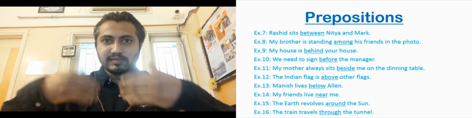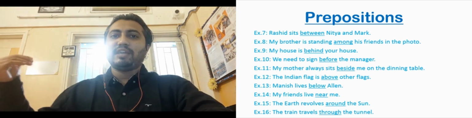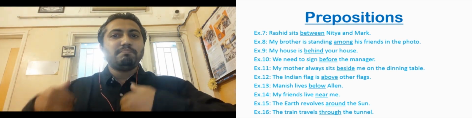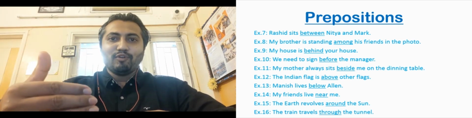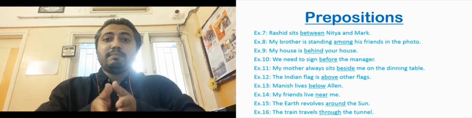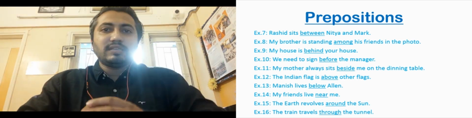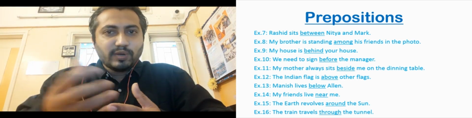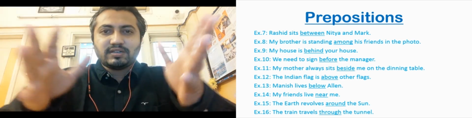Beside बगल में, सामने before, पीछे behind. All three start with b: behind, beside, before. Between, again b. So you can remember this as a b. It's just an idea, you can do it in your own ways. This is just a type of shortcut.